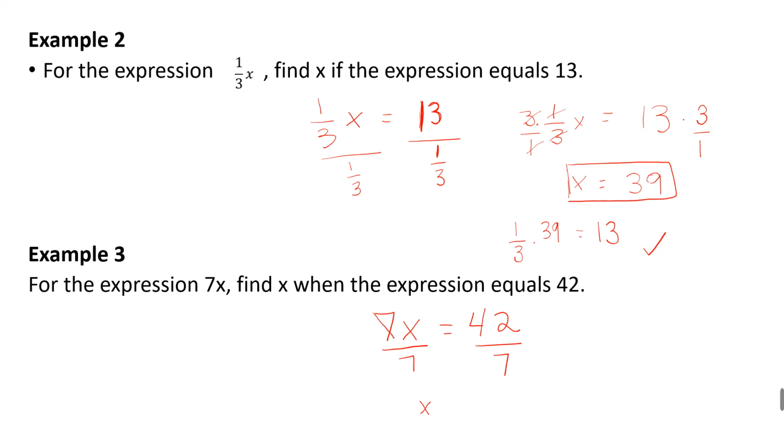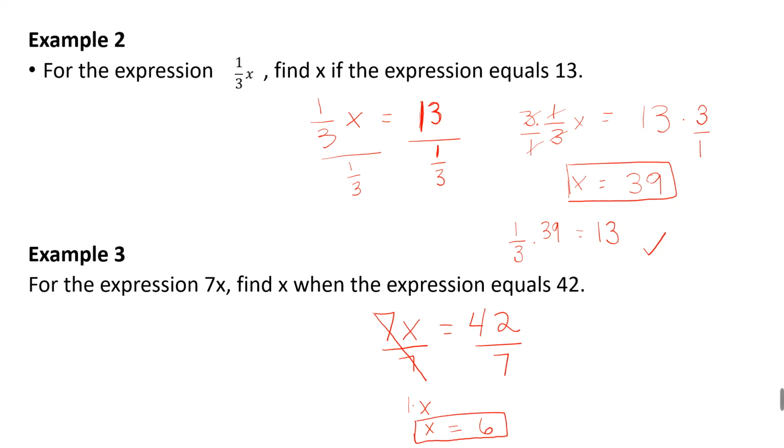So these 7's cancel. 7 divided by 7 is just 1. And if we have 1 times x, that's the same as having x. Because 1 times any number is itself. 42 divided by 7 is 6. So x equals 6.